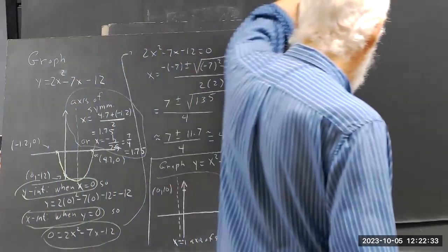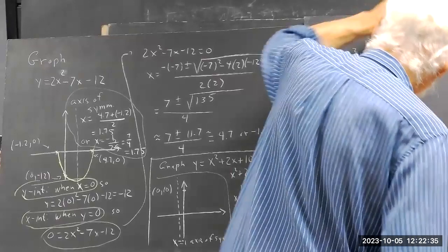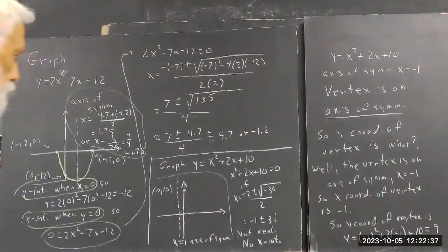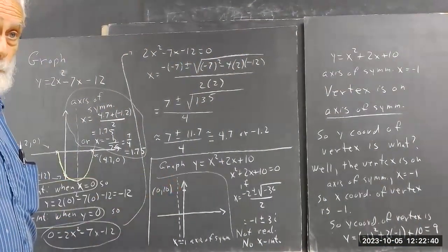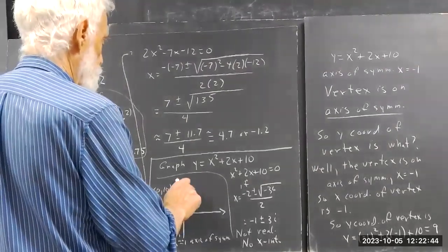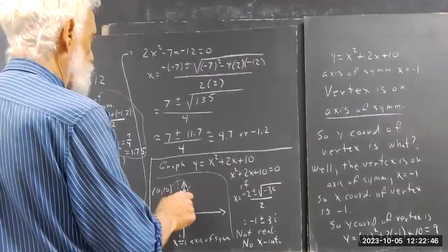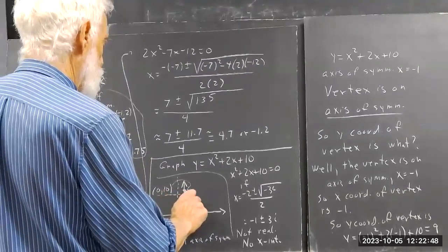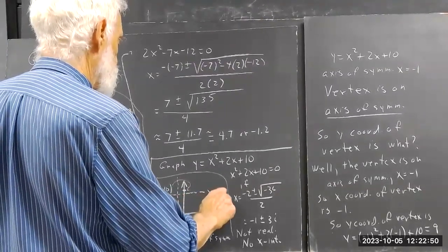So we come over here in our graph. Here's the point 0, 10. So 9 would be about here. So the line where y is 9 is like this.